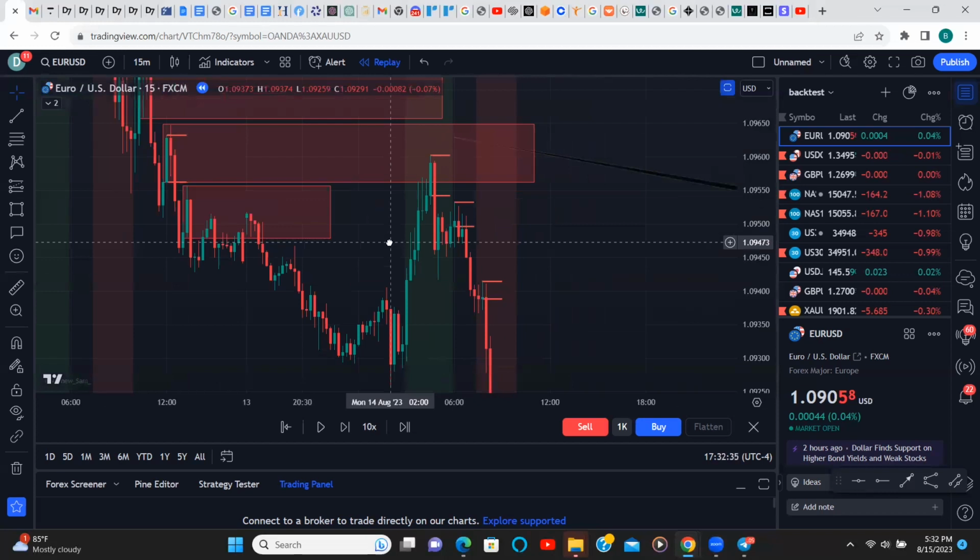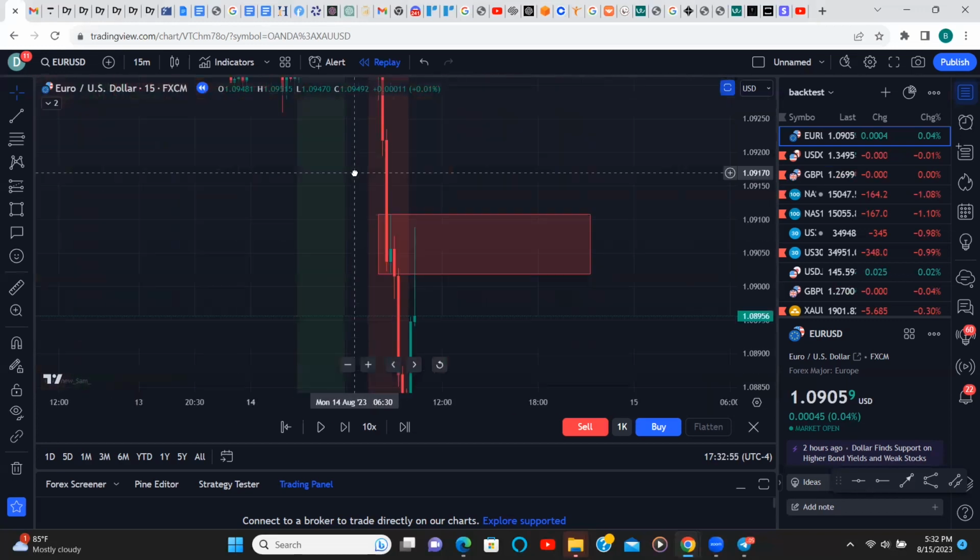And of course, you want to identify how you are going to execute the trade once price gets up to the supply zone. Because that's up to you, because I'm not going to be the one executing the trade. You are. So it's always up to you to figure out how you are going to execute the trade. That is extremely important, and you must figure that out.